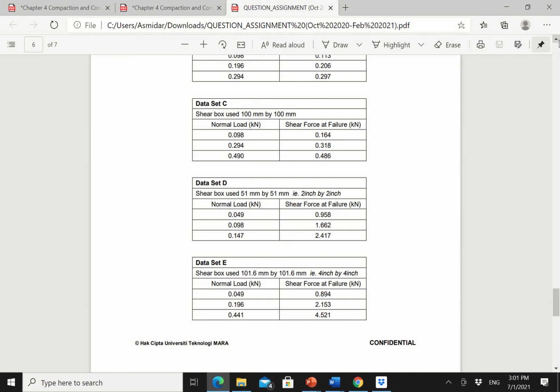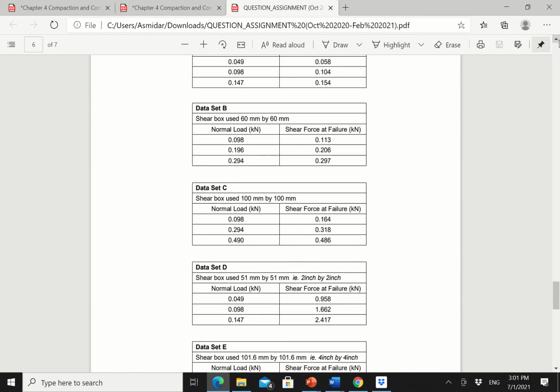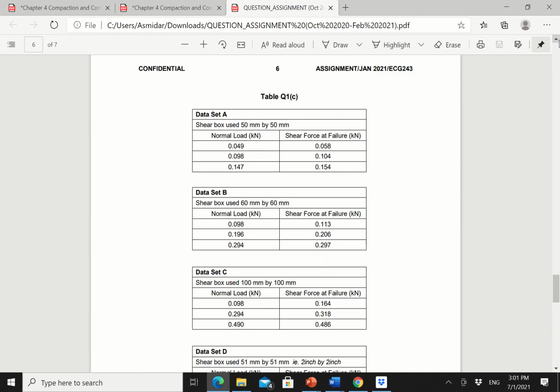Be very careful because they give you different sample sizes. In order to get the normal stress, you must divide the normal load by the area. So use the size given to determine your normal stress and shear stress values.